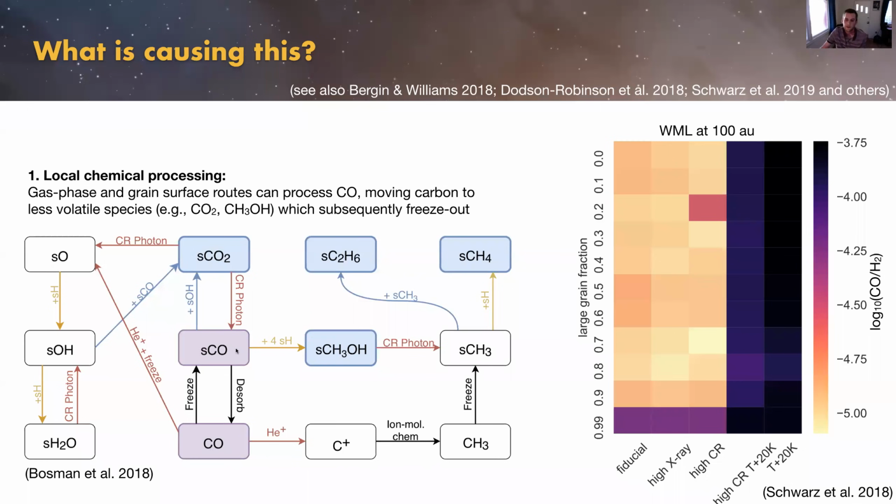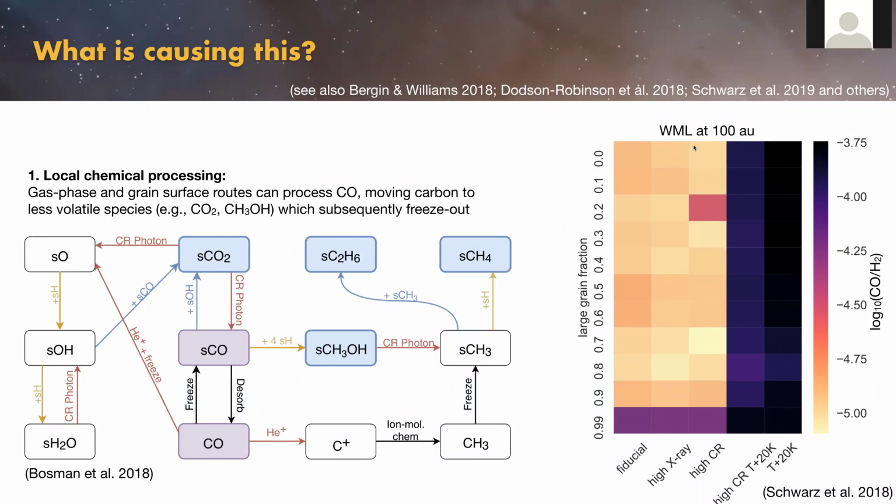Camber studied this process for a whole grid of models with different disk temperatures and different cosmic ray and X-ray intensities, as well as for different dust grain size distributions. So on the top here, most grains are small, and at the bottom there's a bunch of big grains. And this plot is then showing the CO abundance in the warm molecular layer at 100 AU after 1 million years, right?